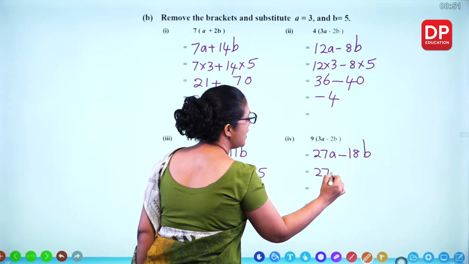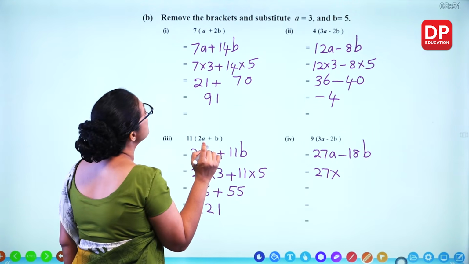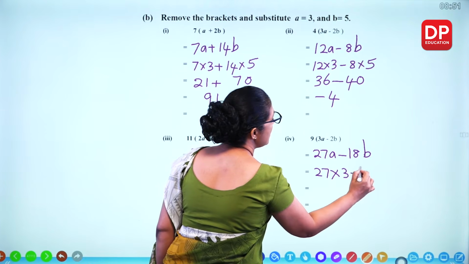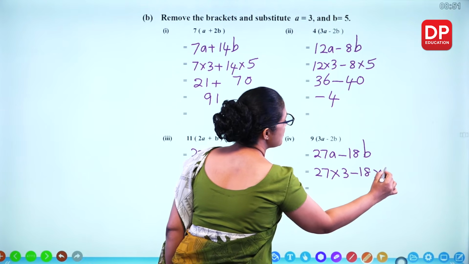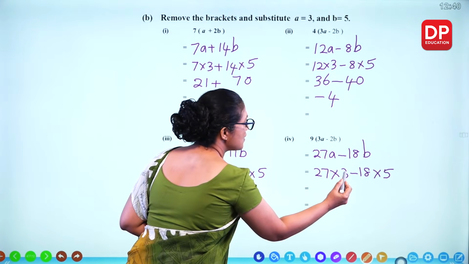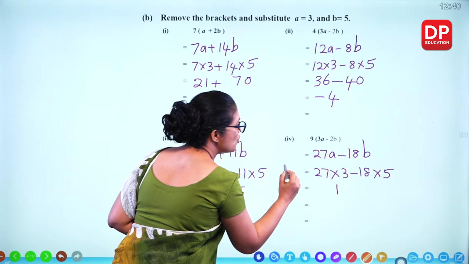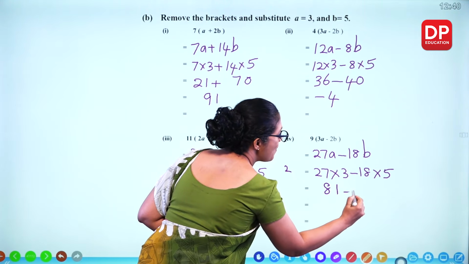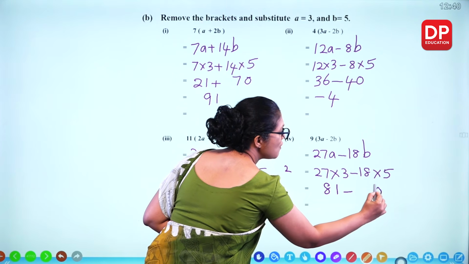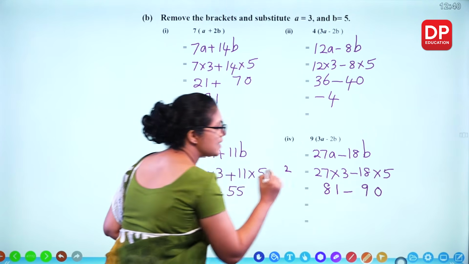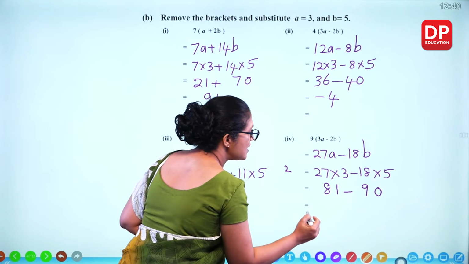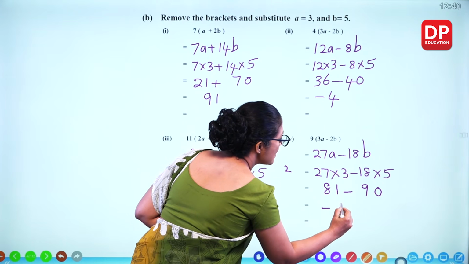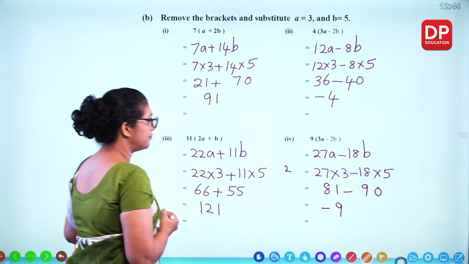Now multiply. 27 times 3 and 18 times 5. 3 times 7 is 21, 2 remaining. 3 times 2 is 6 plus 2, 81. Minus 5 times 8 is 40, 4 remaining. So you get 90. 81 minus 90, you get minus 9.